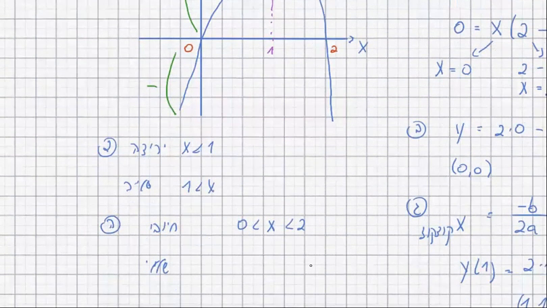Now, when is the parabola underneath the x-axis? Well, it's when it's lower, like the 0 and down, no? So you just do x smaller than 0. And the other side is x greater than 2. Got it. Make sense? Yep.